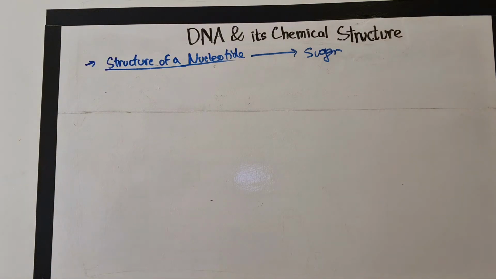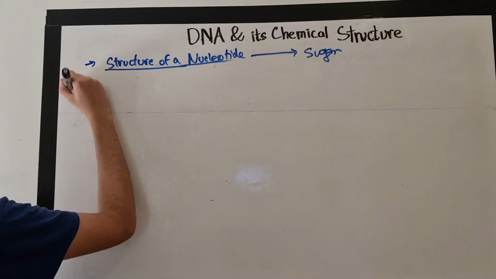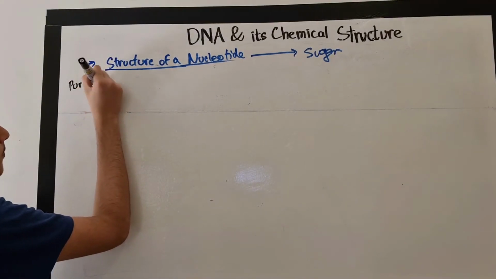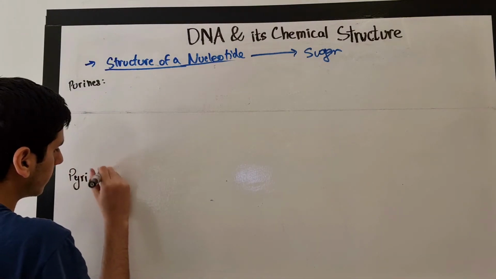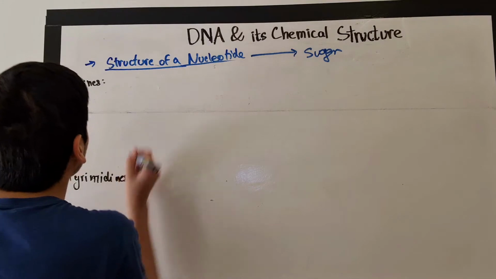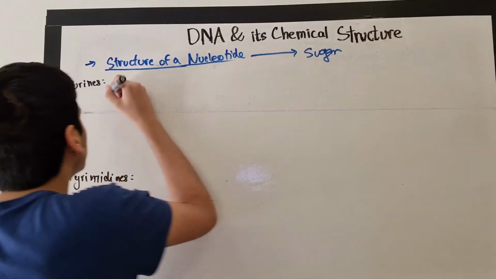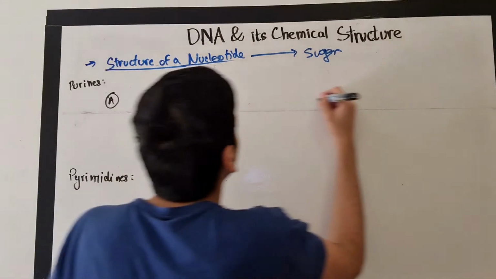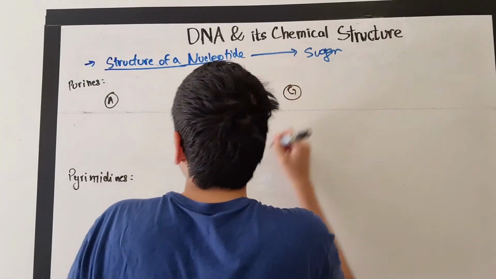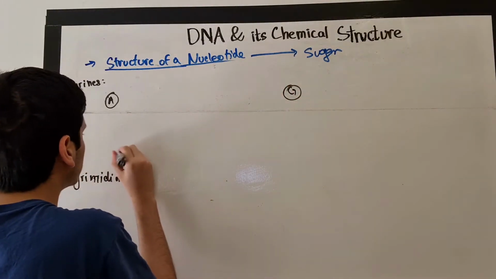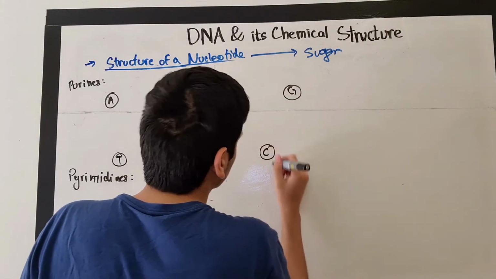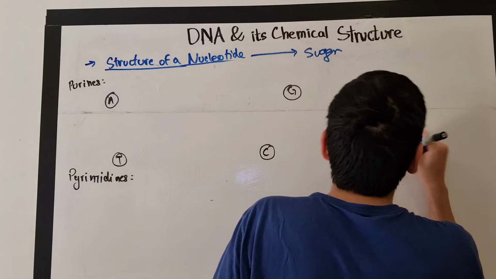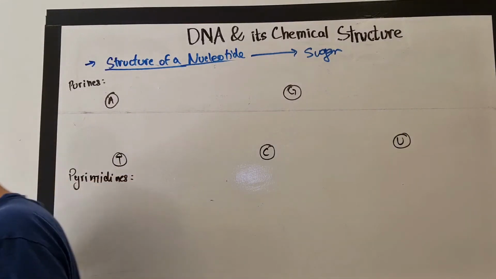Okay, so let's see, purines on the top and pyrimidines here. So we have lots of space to draw all the bases, and this is A. Let's see, we'll draw guanine over here, we'll draw thymine here, cytosine here, and uracil here.